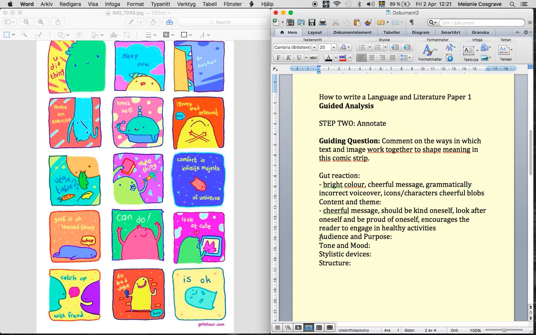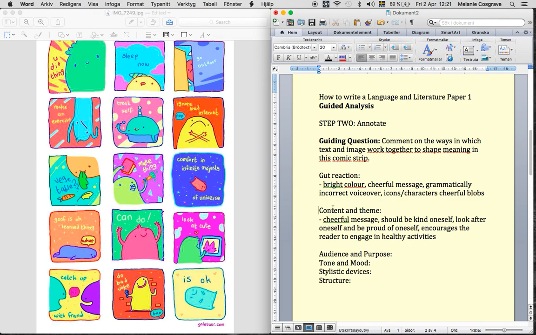Next we have audience and purpose. So the audience might be people who are struggling, readers of online comic strips. This is quite a general audience.